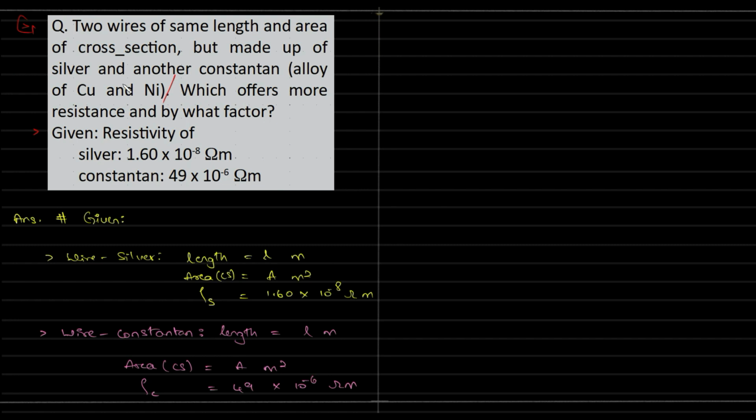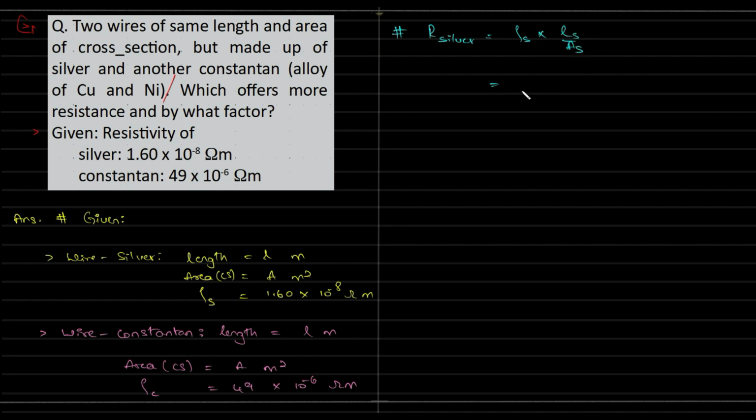So the very first question is not that hard. Think about it. It's quite simple. If you don't know how to go about it, just write the resistance of the wire of silver will be equal to rho_s into L_s by A_s, right?